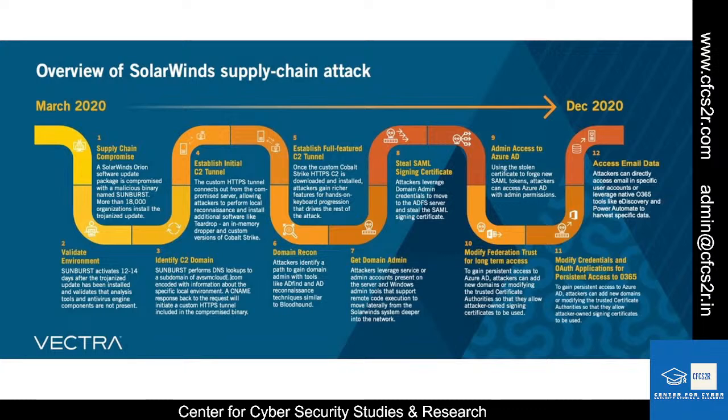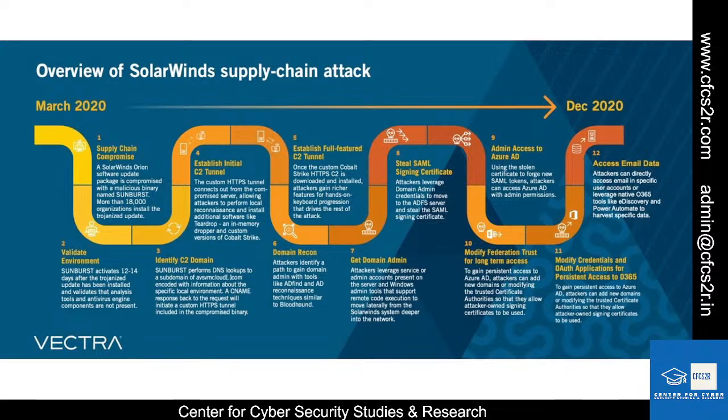Then they established the full featured C2 tunnel, in which they installed a lot of features which can take keyboard access and reverse shell access.